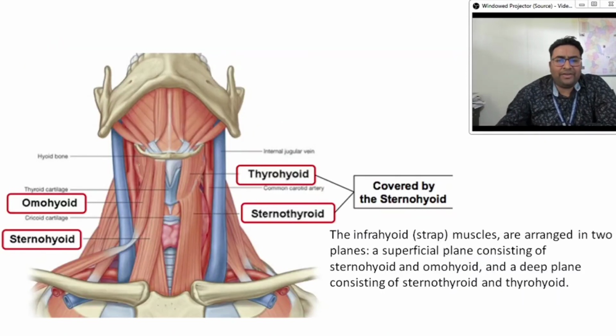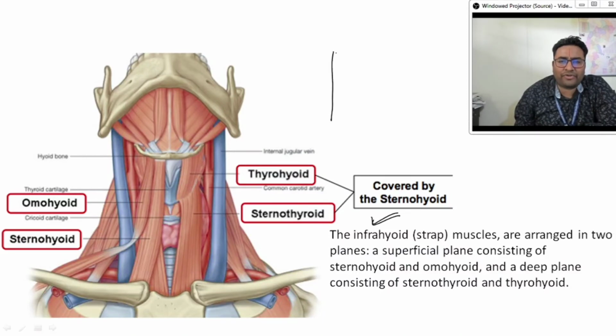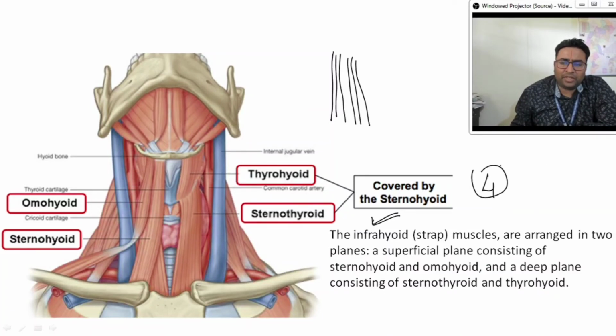Now coming to the infrahyoid group. The infrahyoid group muscles are strap muscles. What do you mean by strap muscles? Strap muscles are straight muscles going downward, with straight fibers. Again, there are four infrahyoid muscles divided into two planes: two superficial and two deep.